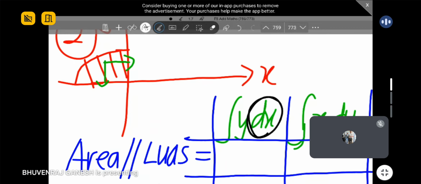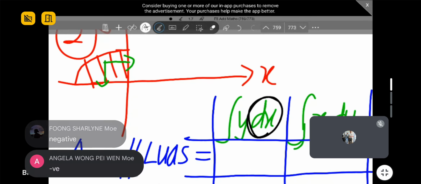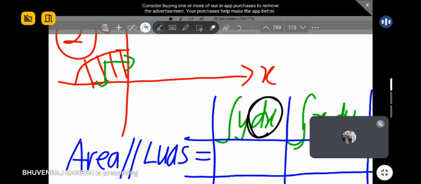Use back the concept I told you all just now. Guna balik konsep tadi. Okay. Some more? The rest? Okay. So negative, huh? Paksi x is dx, right? Yes. Means we substitute the x limit.